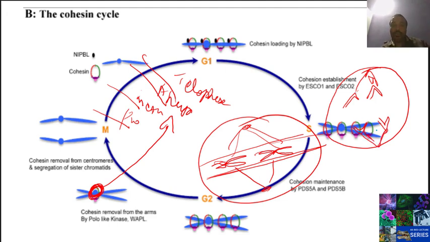So for the separation of sister chromatids, what should be essential? What should occur? The cohesin removal from the centromeric region should occur. Then only the cell can progress into anaphase from M phase.